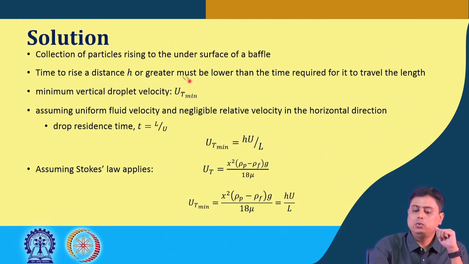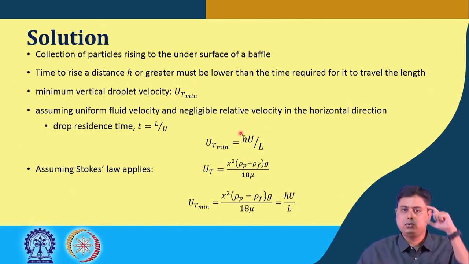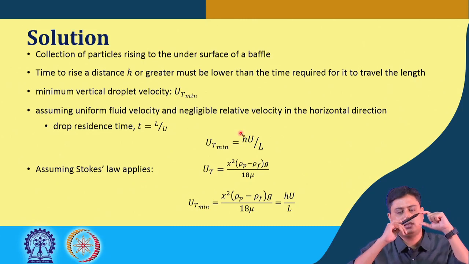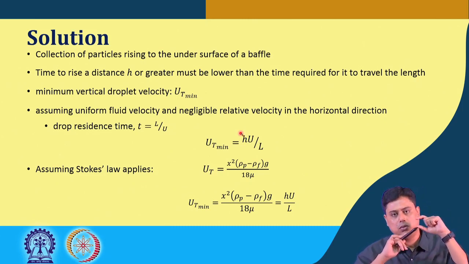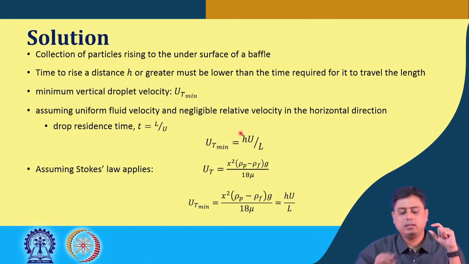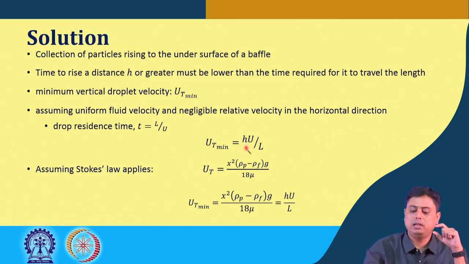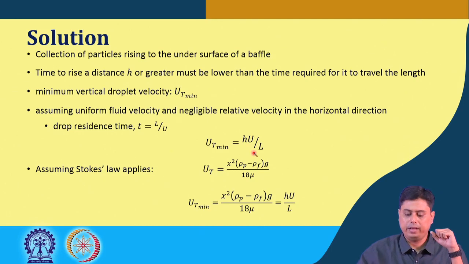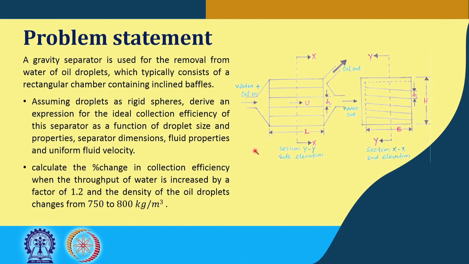So, this ut minimum has to be equal to this value, that it has to travel a minimum of h distance in the time L by U. So, ut minimum has to be hU by L, where capital U is the fluid velocity, h is the distance between the baffles or the inner distance between the baffles, and L is the length of the chamber, the rectangular chamber.